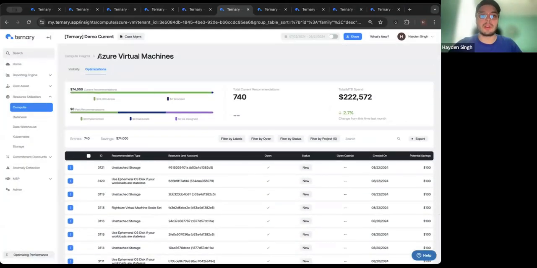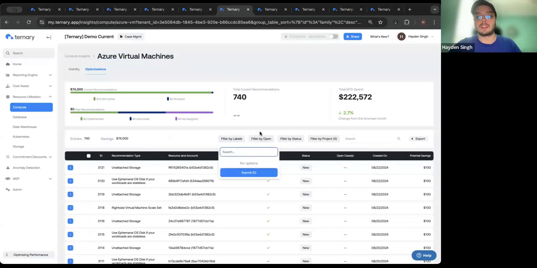So this is just one of the different services, as I mentioned, that we're able to make right sizing recommendations for. Again, we can do this for Azure virtual machines, Azure SQL, and then Azure blob storage. And then down below is where you can start to filter down based on what's relevant to what you want to right size and optimize there.